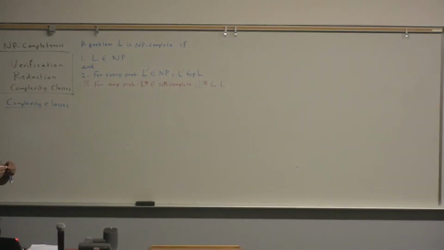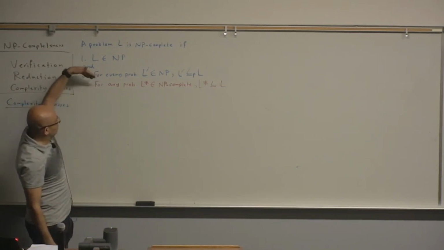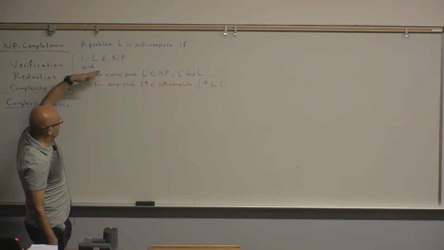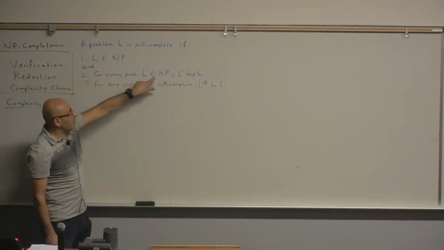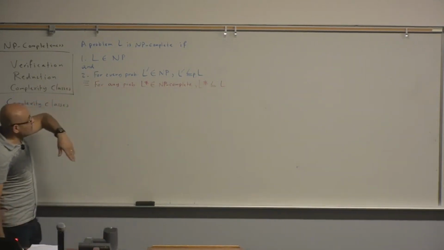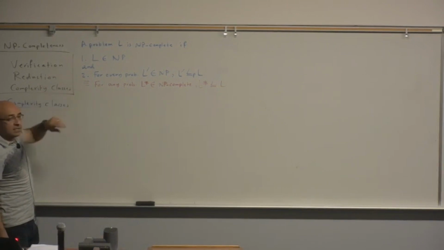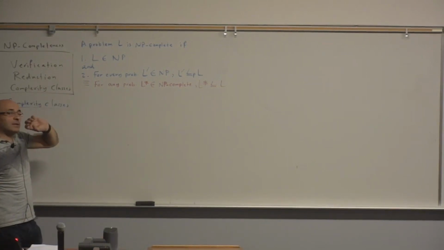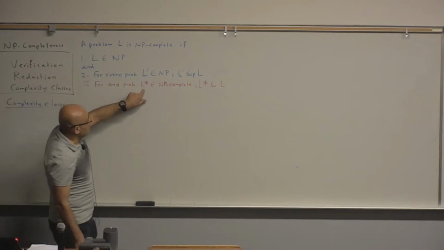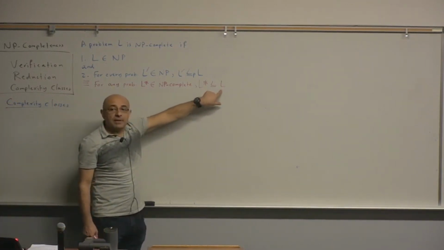So now you can prove that a problem is NP-complete by either taking the hardest route, which is proving that every problem in NP is reducible to this problem, or you can take the easier approach, which is just you identify one of the problems that are already known to be NP-complete and reduce it to this problem.